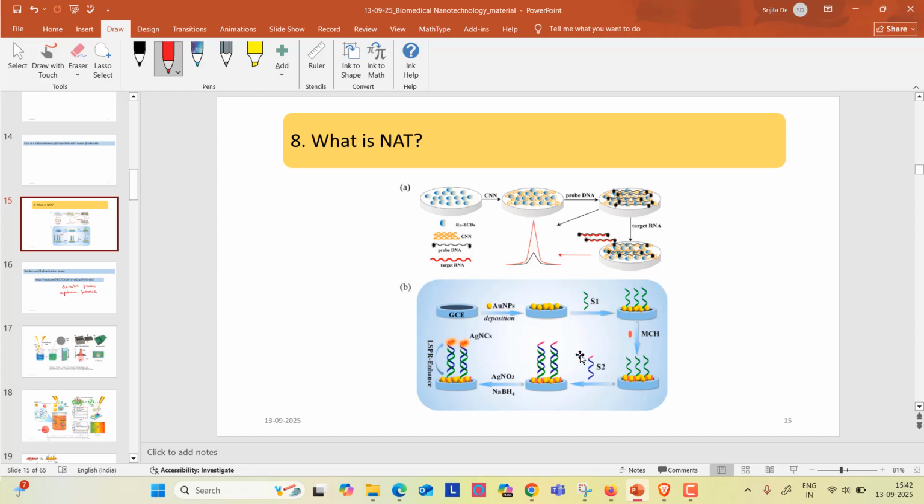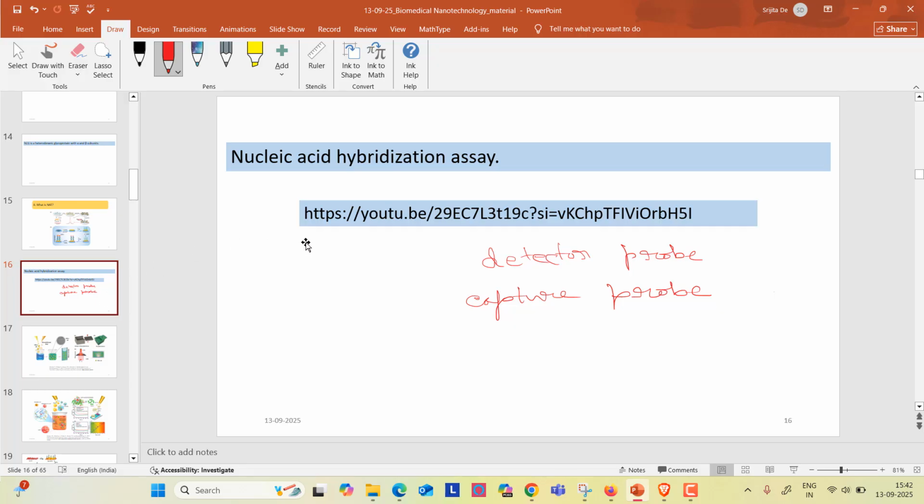Now, when the H2 is given, the reaction happens, and you can see the LSPR enhancement here. In the same way, you can use the probe DNA and use a change in the electrochemical assay. This assay is based on nucleic acid. That is why the name is nucleic acid hybridization assay.